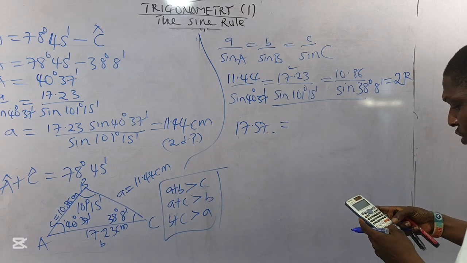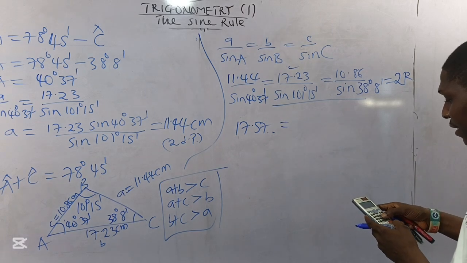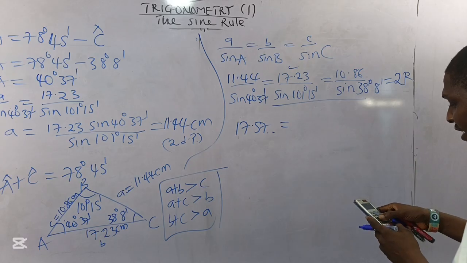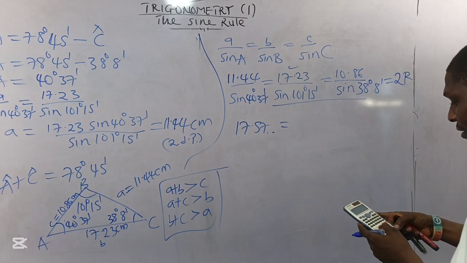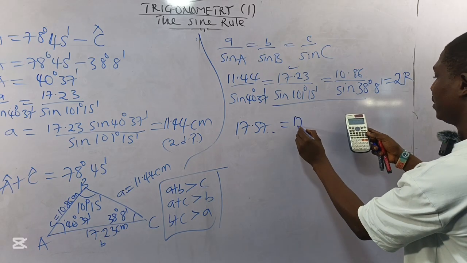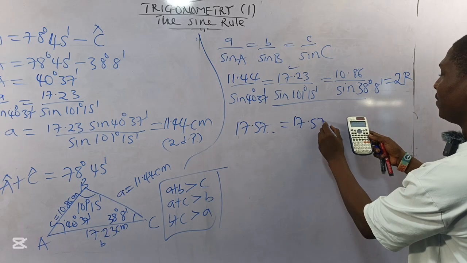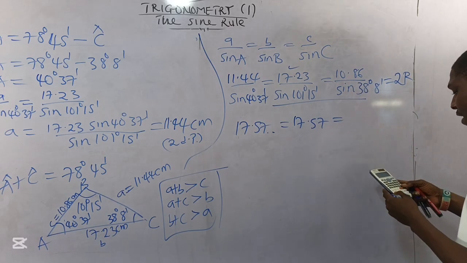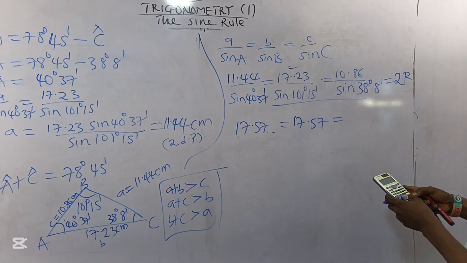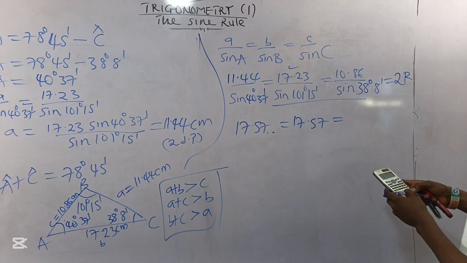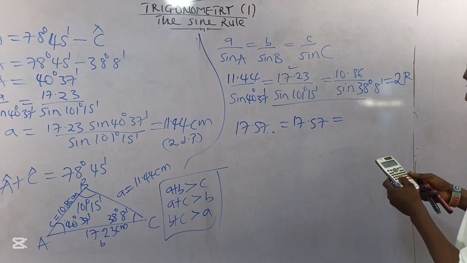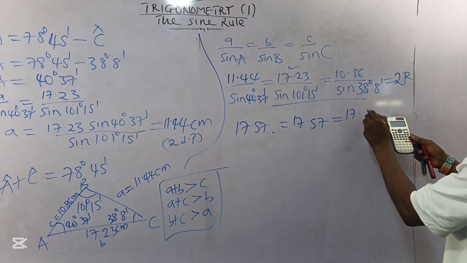And I have 17.23 divided by sine 101 degrees 15 minutes, it's saying 17.57. And I have this, 10.86 divided by sine 38 degrees 8 minutes, and I equally have 17.5.